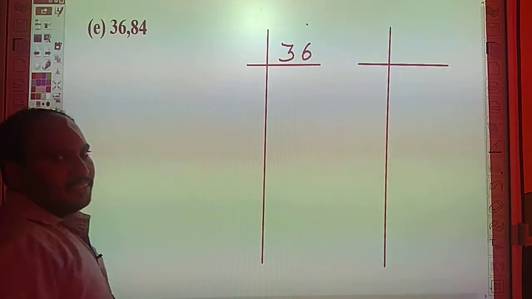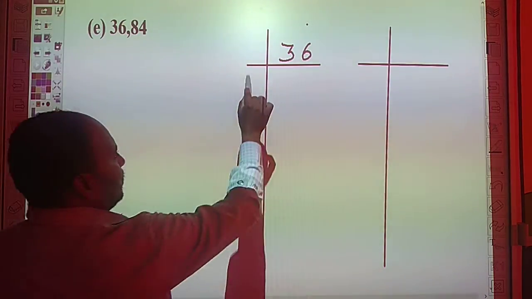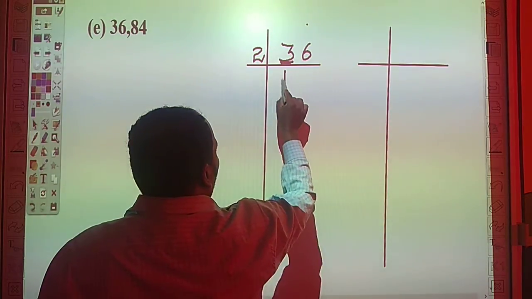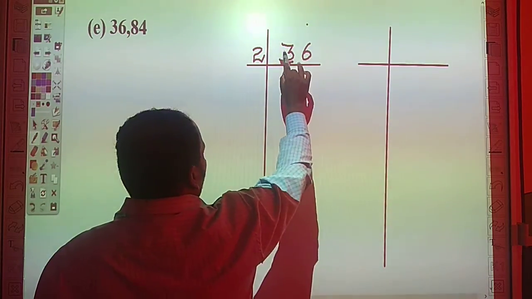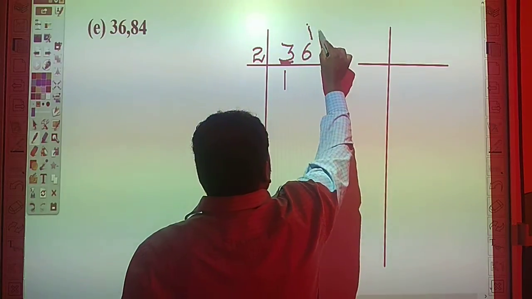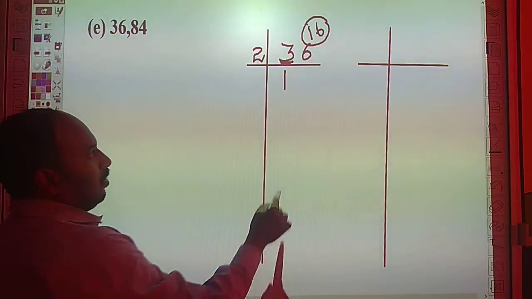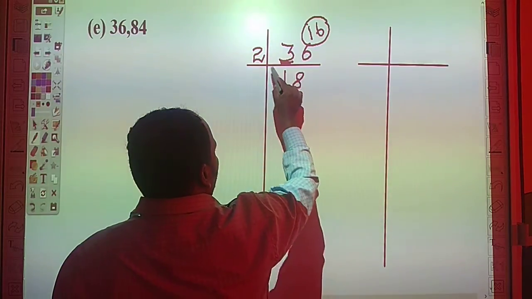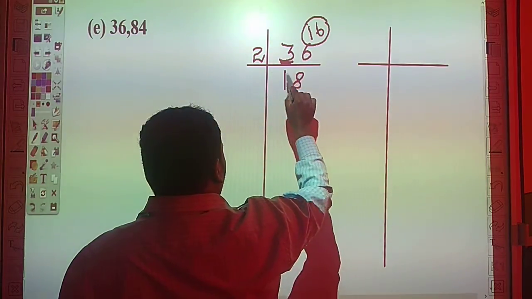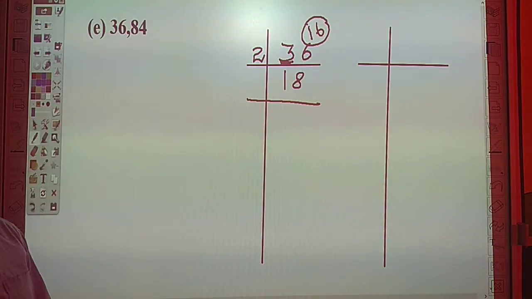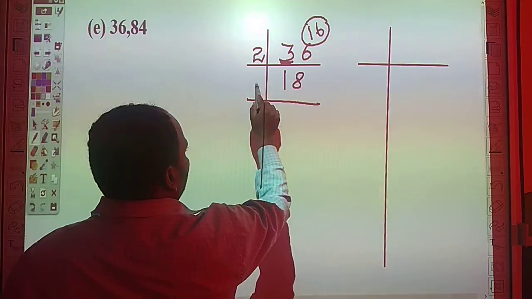The last digit is 6, so we take the first prime number 2. 1 times 1 into 2 is 2. 3 minus 2 is equal to 1. Here 6 having. This is 16. 8 2s are 16. Next one, number 18.